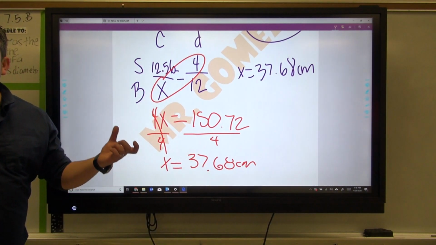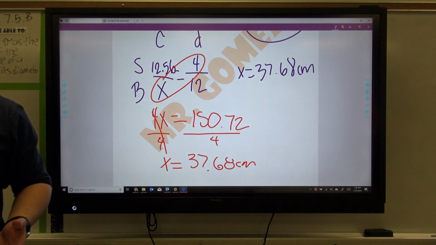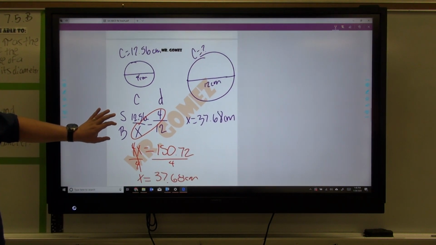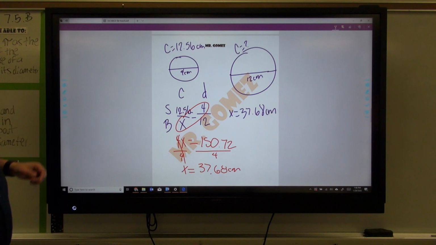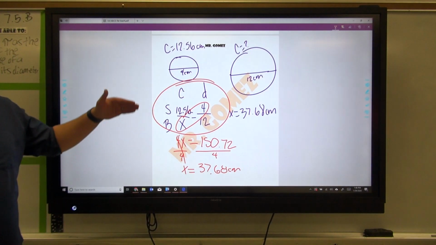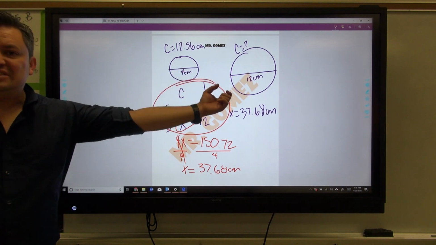So either way is gonna give you the same answer. So when I ask you to set up a proportion of the two circles, this is what they want you to do. So label them, the small and the big, circumference, diameter.